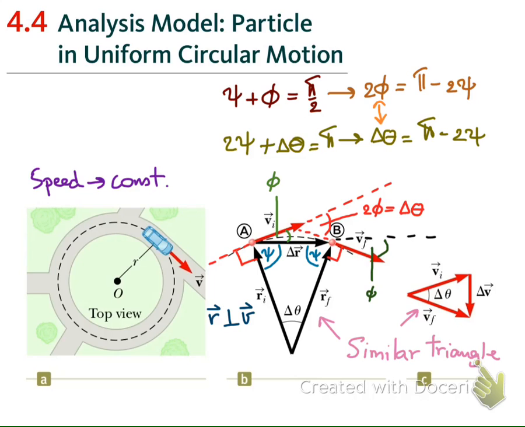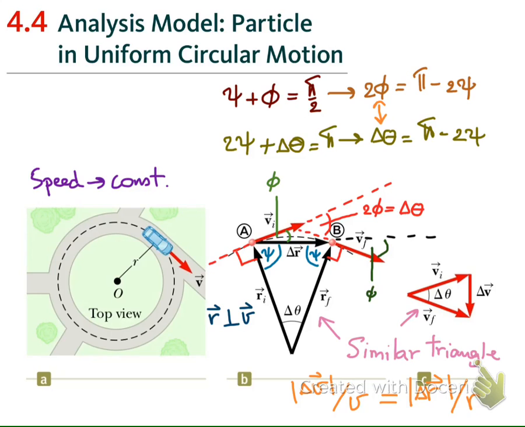So for two similar triangles, we will have that the size of delta V over V is equal to the size of delta R over R. Okay, this is the property of similar triangles.